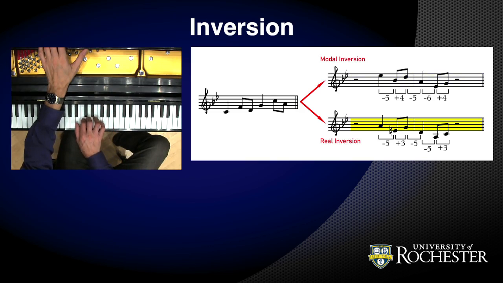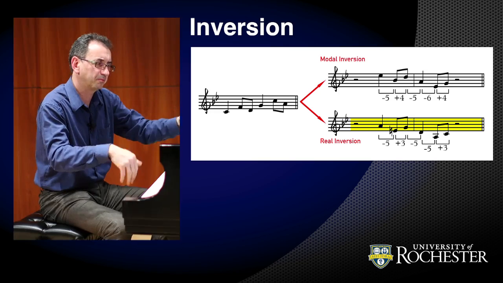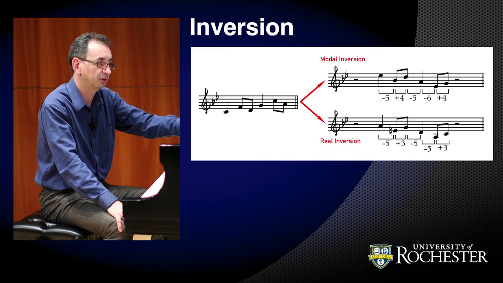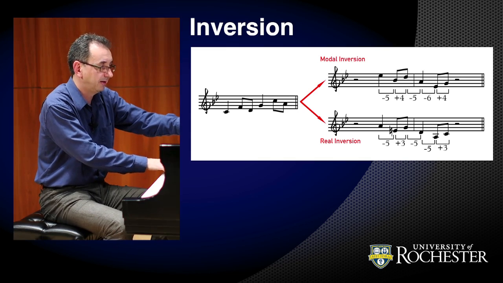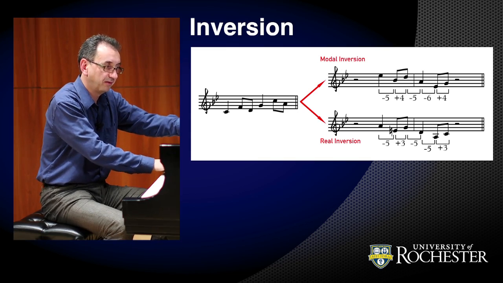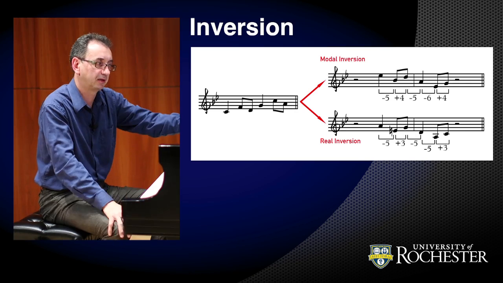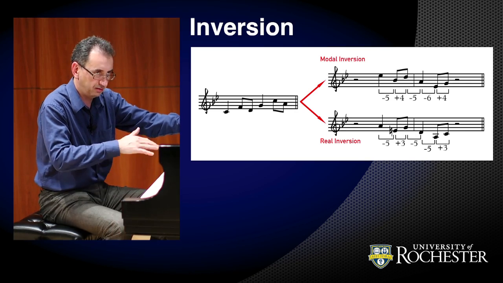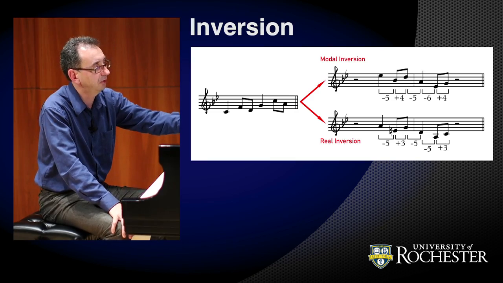So original, you can hear these techniques are very much related. Modal inversion, on the other hand, doesn't sound the same because we have to adjust the underlying intervals to preserve the Dorian foundation of that motif.